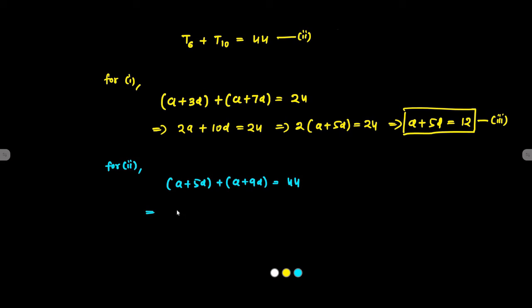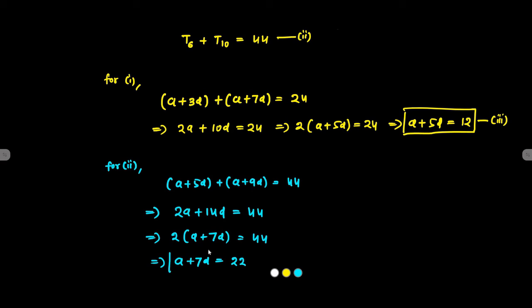That implies the sum 2A plus 14D is equal to 44. Taking 2 common, 2 into (A plus 7D) is equal to 44. That implies A plus 7D is equal to 44 by 2, which is equal to 22. So this is the second equation, which with proper numbering is equation 4.